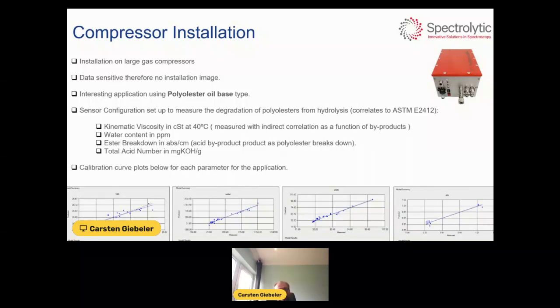But the viscosity, to be honest, is an indirect measurement where we have developed some algorithms to detect it from infrared measurements. So for applications where viscosity is a nice to have and not critical, it works with our sensor. But if viscosity is mission critical, you shouldn't rely on it.